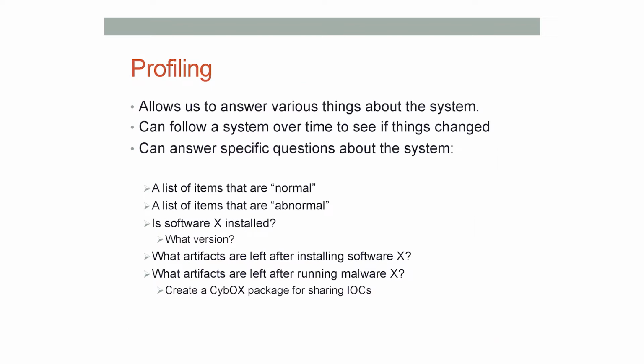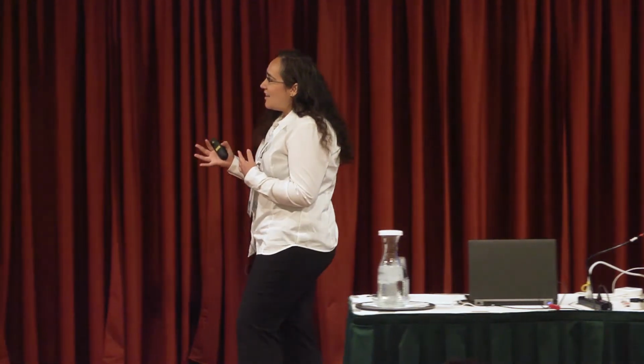So the profiling allows us to see these things that have changed over time. We're able to create a list of normal and abnormal things. Wouldn't it be cool if you could get more granularity? Like what type of software is installed on the machine, and what version of software is installed, and what type of malware is installed on the machine, and what version of that malware is.